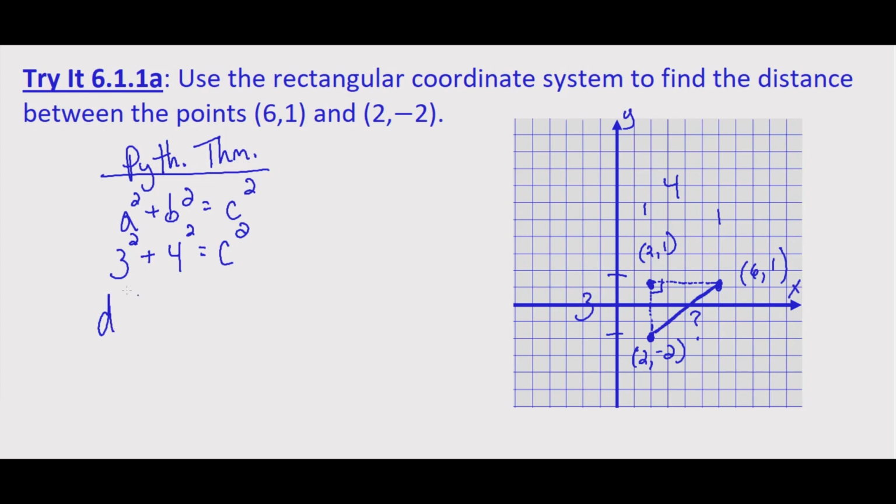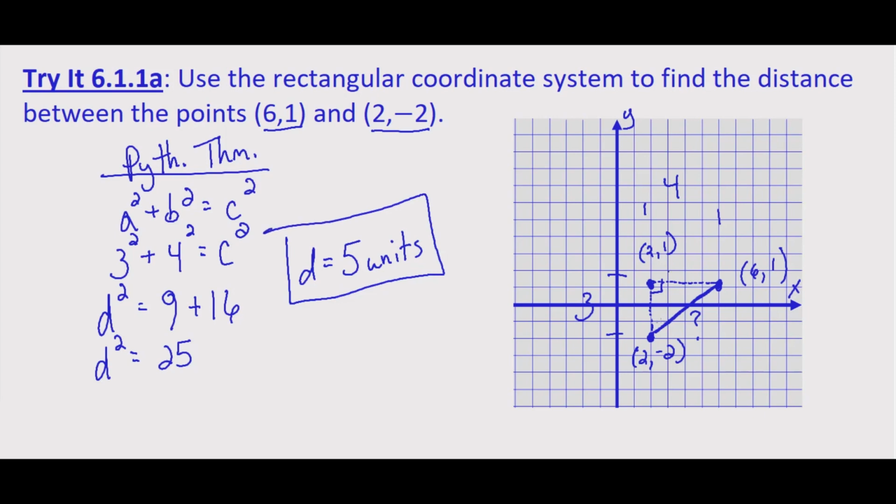So d squared equals 3 squared is 9, 4 squared is 16. So d squared equals 25. Take the square root of both sides, and we get d equals 5 units. We wouldn't take the negative square root because there's no such thing as negative distance. So the distance from (6, 1) to (2, -2) is 5 units.